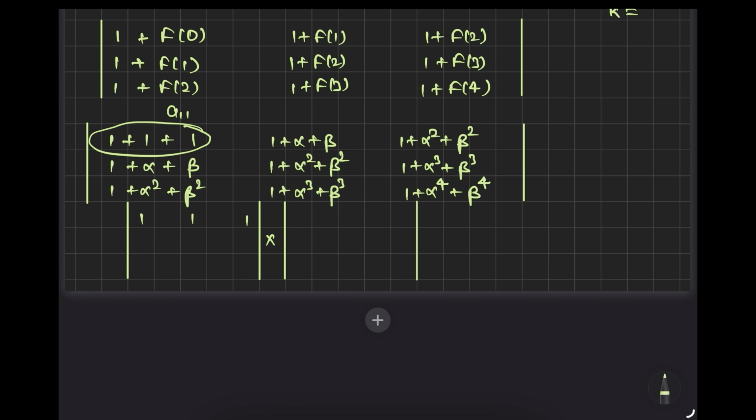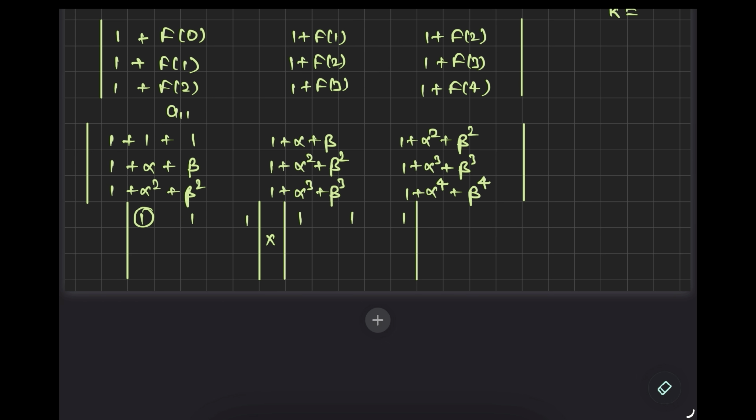So you have copied the coefficient. Now what should we multiply with this one to get 1? It's 1. What should we multiply with this one to get this one? It's 1. What should we multiply with this one to get 1? It's 1. You got my point?